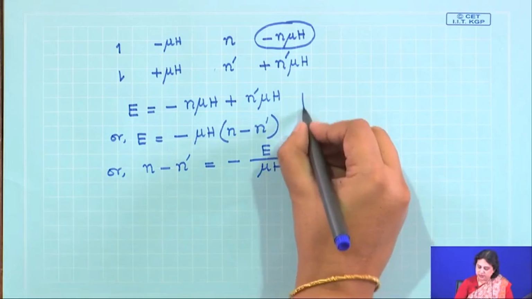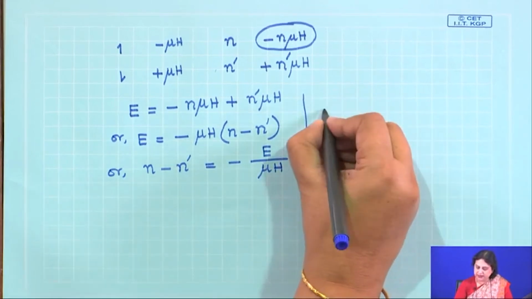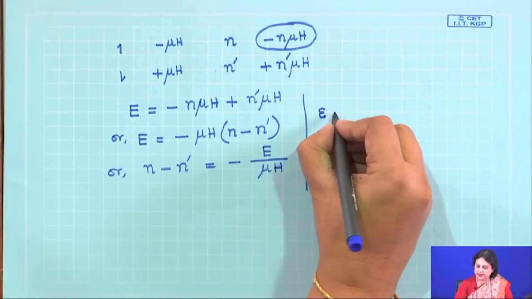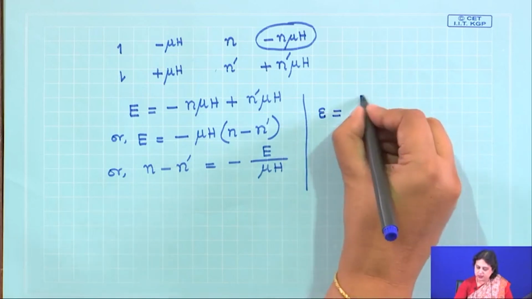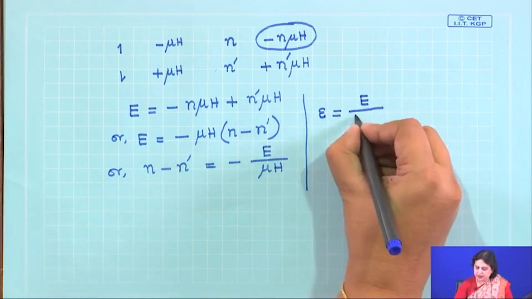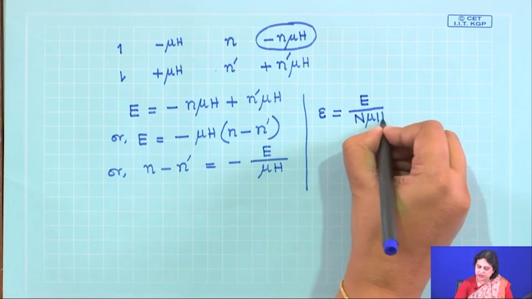Now, let me introduce the quantity which I introduced in yesterday's class, that epsilon is equal to capital E divided by capital N mu h.